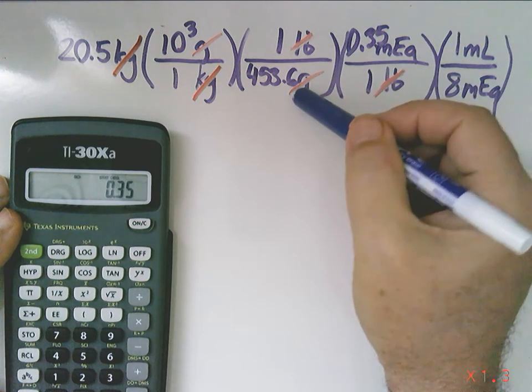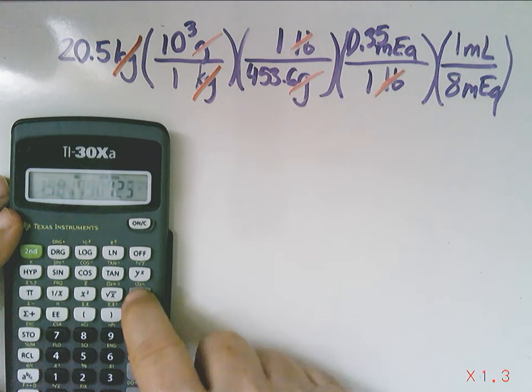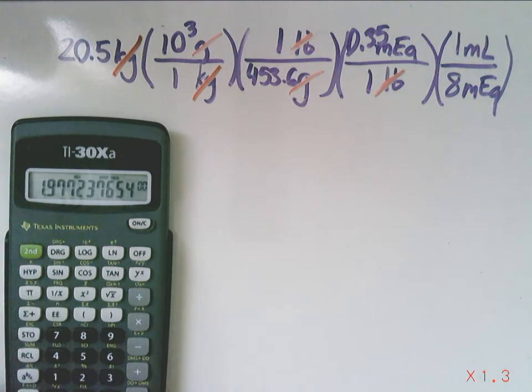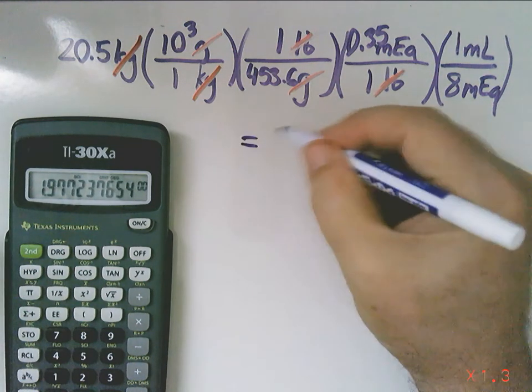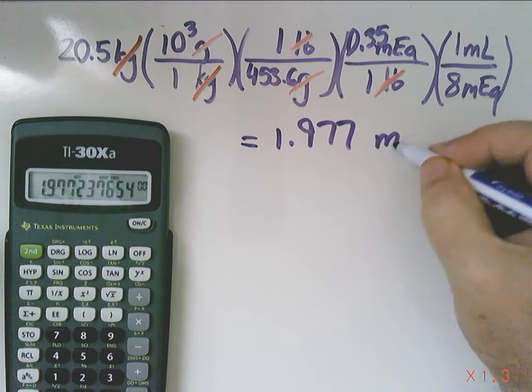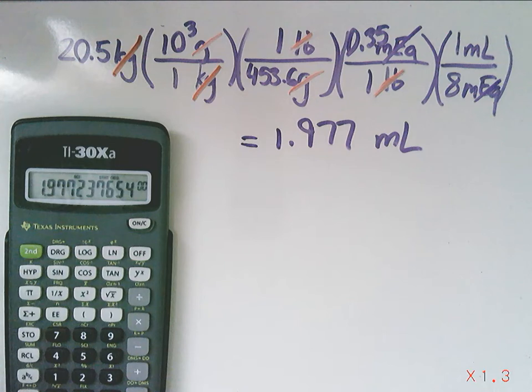I'm dividing by anything that's on the bottom and multiplying by anything that's on the top. So divided by 8. Divided by 8 gives me 1.977 milliliters. Now everything in here canceled out except the milliliters.